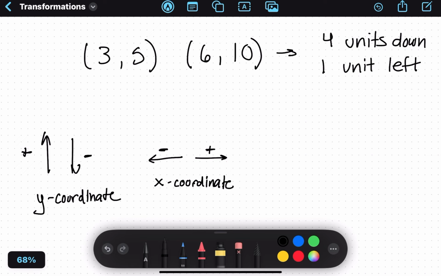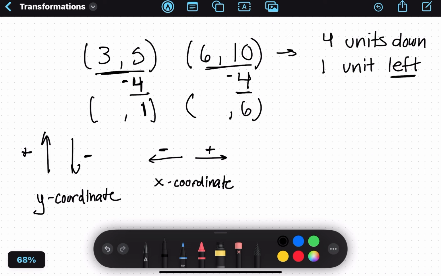So to move this point 4 units down, we have to subtract 4 from the y, and we do the same to this coordinate pair as well. So we subtract 4 from the y, so that would be 5 minus 4 is 1, 10 minus 4 is 6, and now on to the x-coordinate.